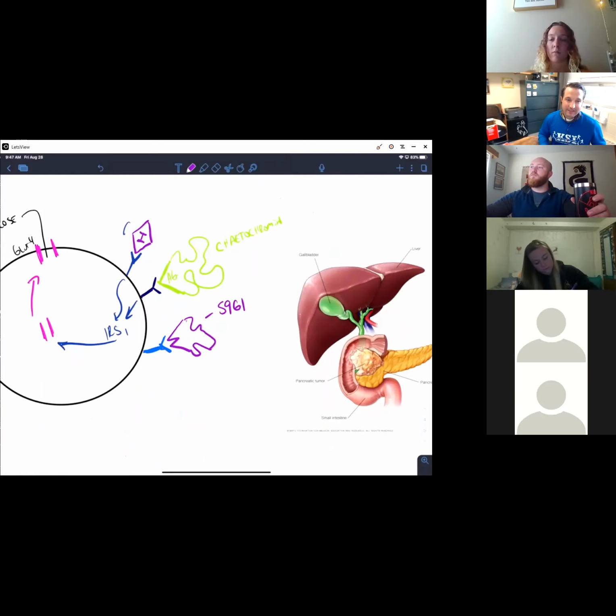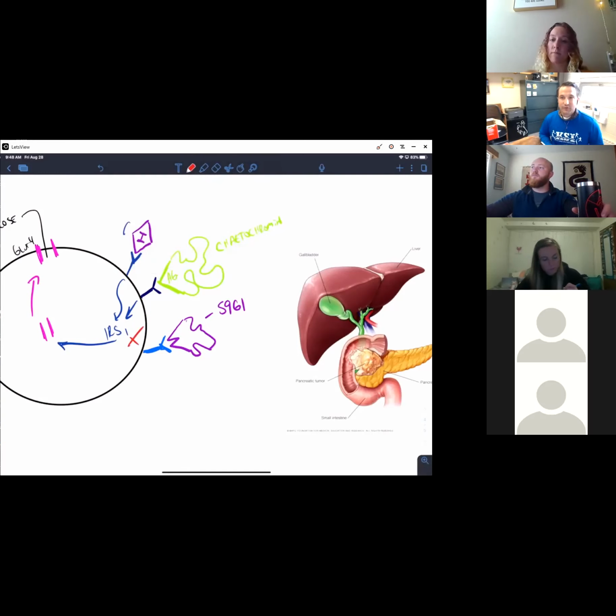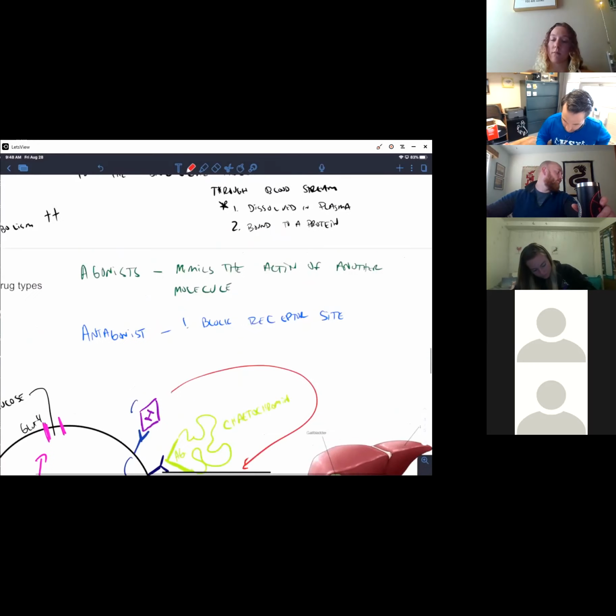And this drug, S961, is an insulin receptor antagonist. It has a very high affinity for the insulin receptor itself. However, when it binds to that insulin receptor, it does not cause any phosphorylation of IRS1. And therefore, it blocks these. So if insulin came along and tried to bind to that, it's like, no way, man. Seat's taken. Sorry. That's our number 1.